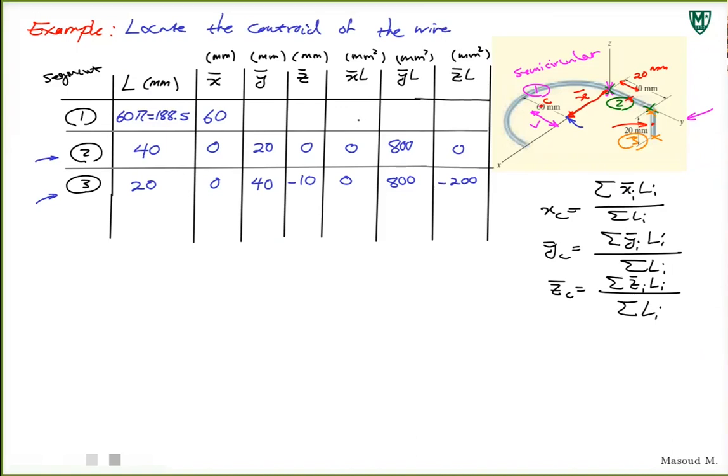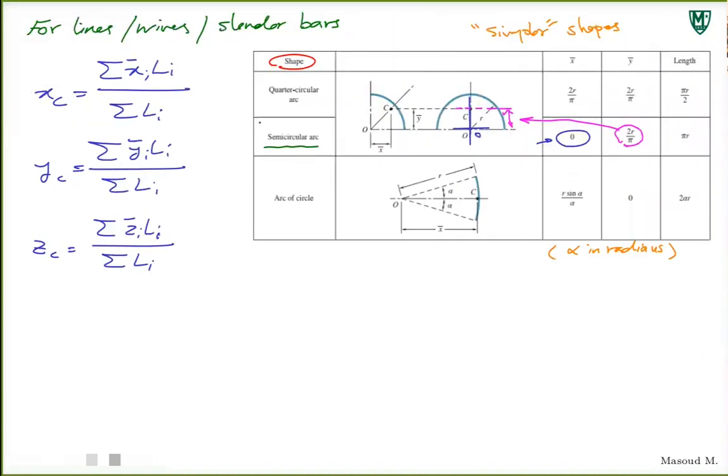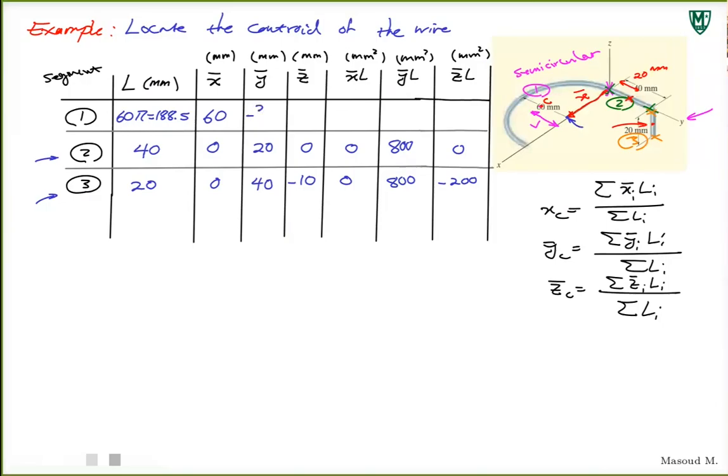So that becomes minus 2r over pi, 120 over pi. Z bar, this is in the xy plane, so z bar is 0. The point C for the semicircular arc is located at 0.